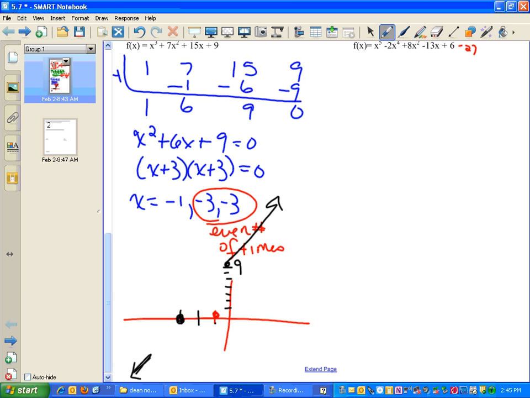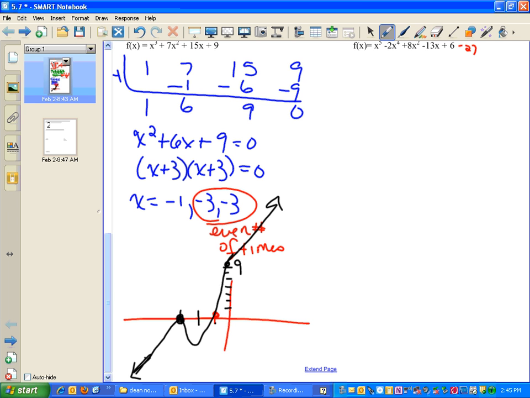Well, the funny thing about even roots is that you don't pull the graph through that point. You come up to that point, however that tail is supposed to be, and then you bounce it back down and then pull it through the next root.